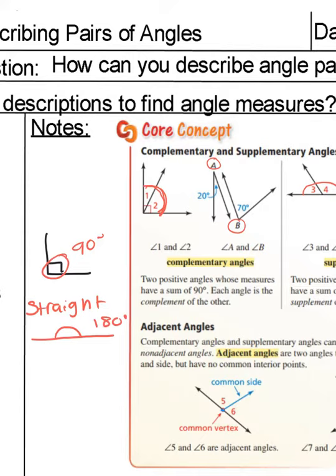Remember that a vertex is formed by two rays that come together to form an angle. So both angle 5 and angle 6 have this common vertex right here. And then we can name it with angle 5 and angle 6. They have a common side, which is highlighted in blue right there, but no common interior points. All that means is that the interior here and here are not the same.